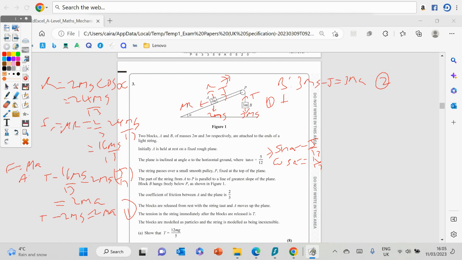So I'm going to do 1 plus 2, because I'm solving them simultaneously. So I get mg equals 5ma.